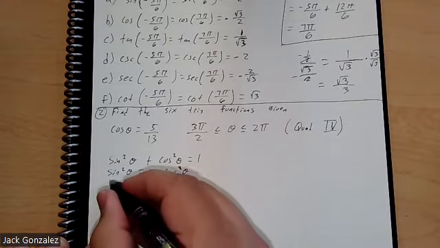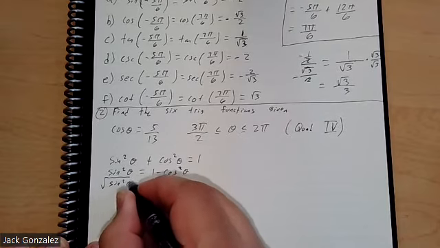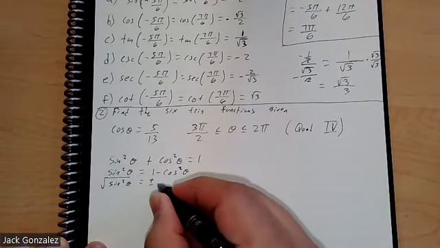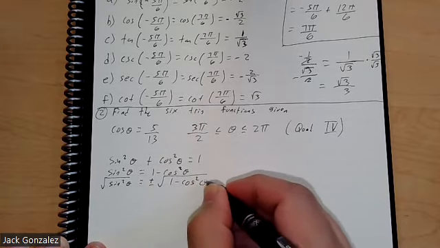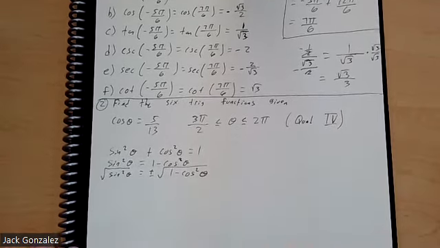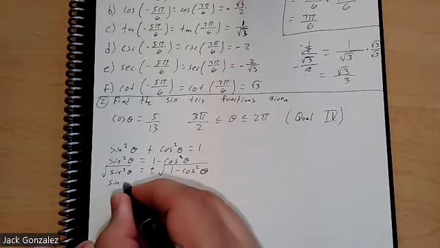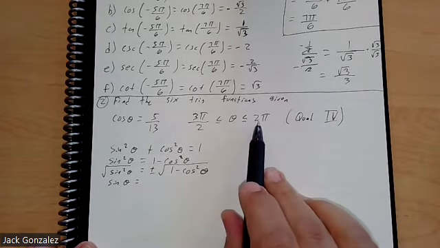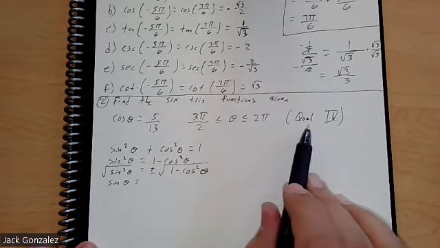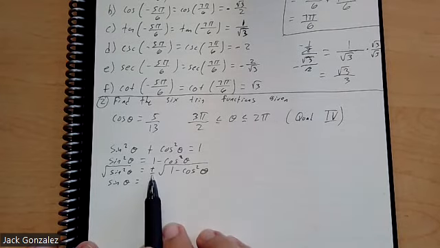Square root both sides, and you're going to have plus or minus the square root. So sine theta is equal to, now is sine negative here? Quadrant 4. So we should use the minus.